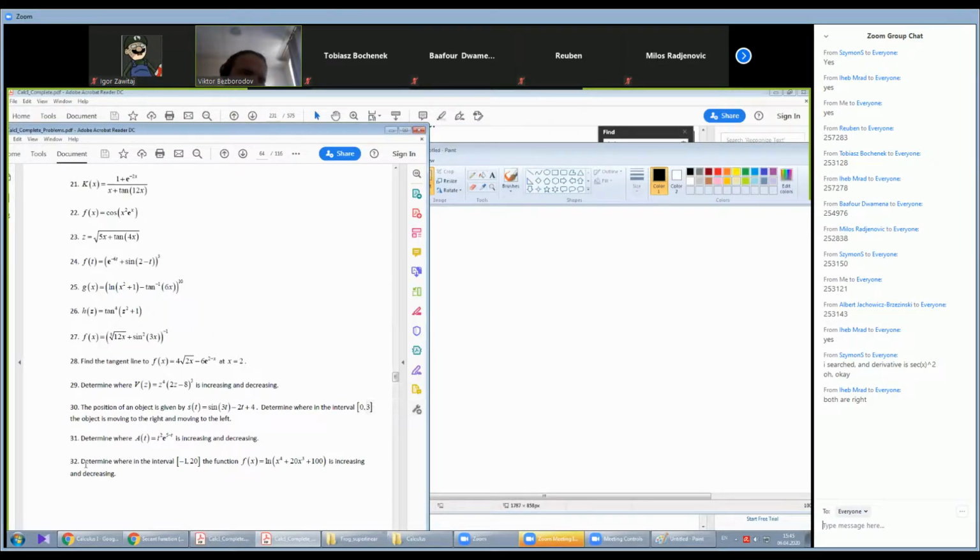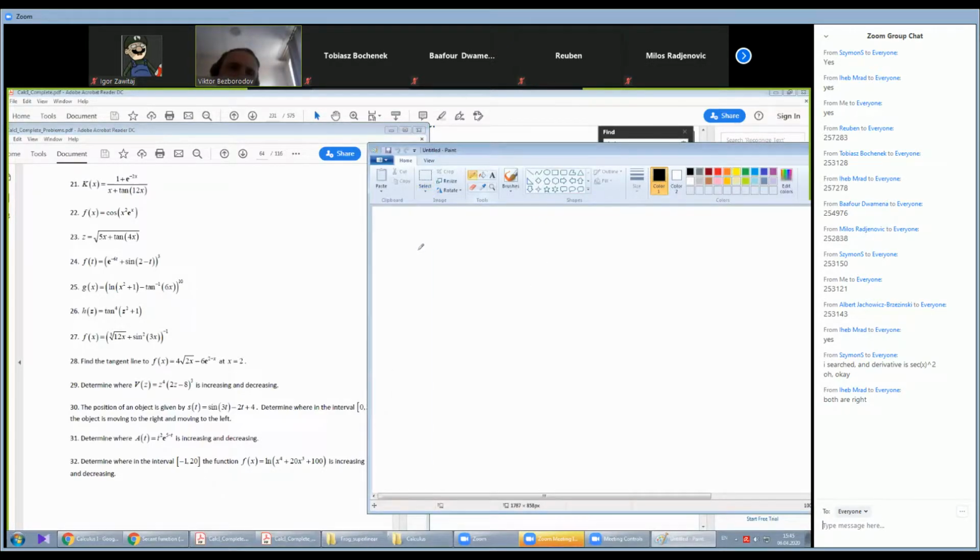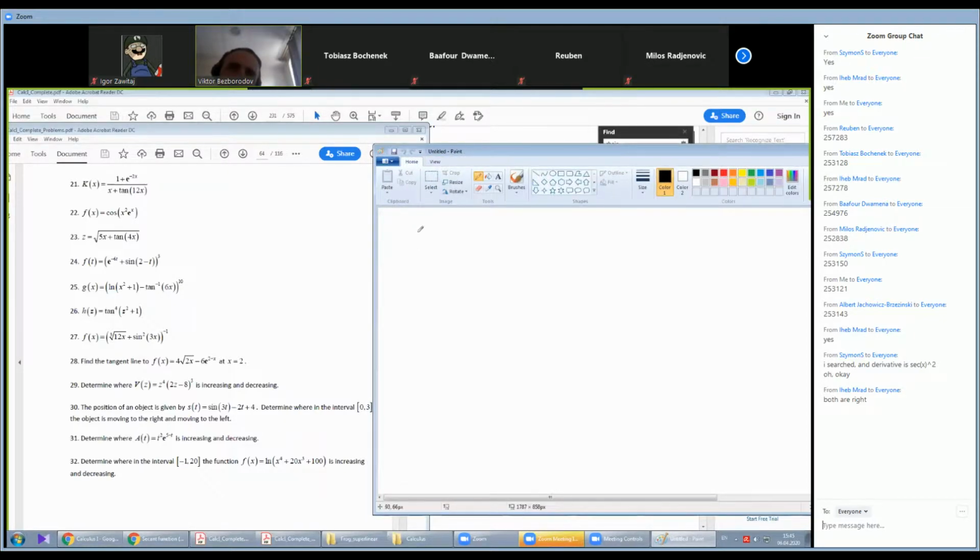To determine where in the interval minus 120, this function is increasing and decreasing. So where it's increasing, where it's decreasing. Now, we will talk a little bit more about this also today, but we know that the function is increasing when the derivative is positive, right? So we start by finding the derivative. So this is the first step.